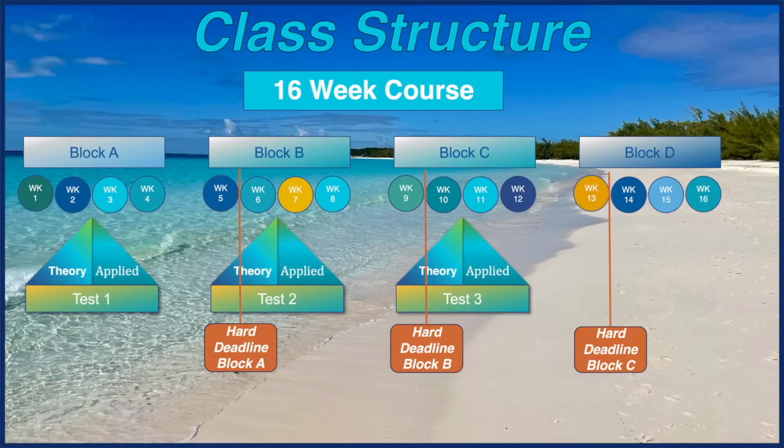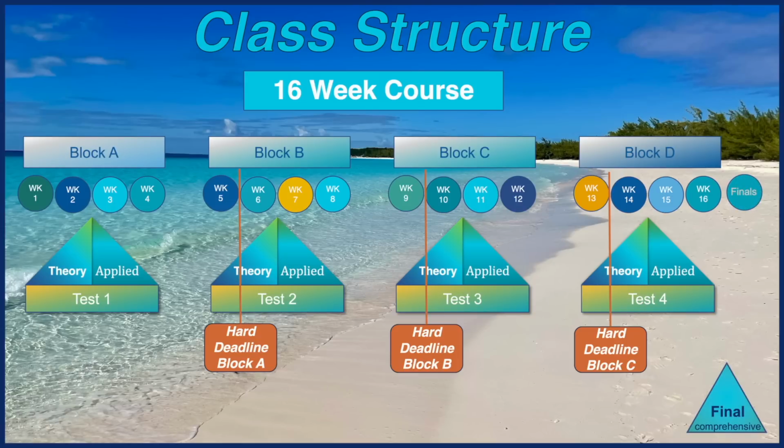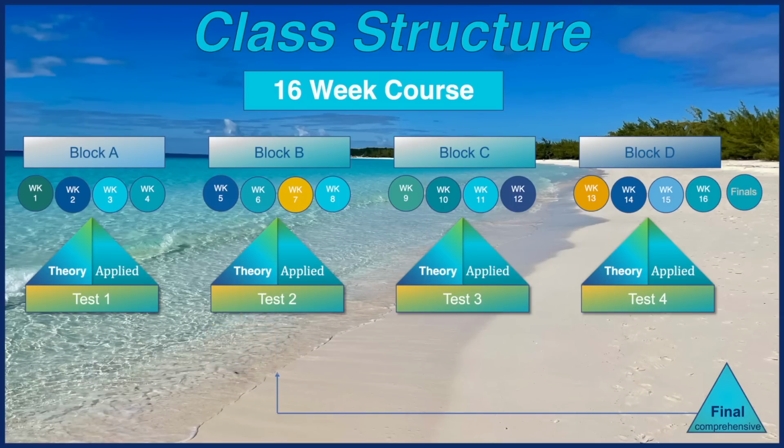So we get to block D, and when we get to week 15, we have the test. It's the same idea. We have the applied section, we have the theory section, as we've always done, but this is also finals week. And so we'll have a comprehensive final, but it will cover the first 3 blocks.